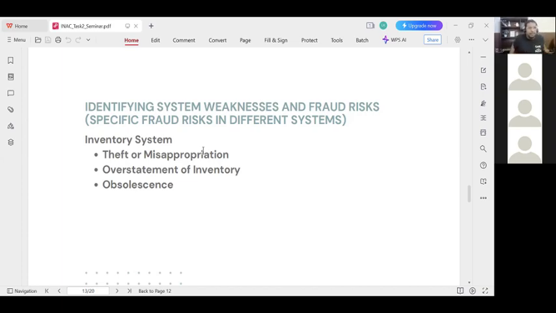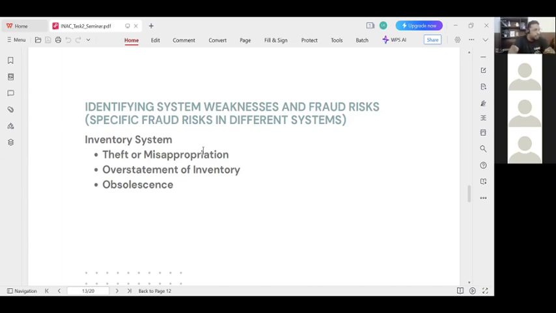In this case, the standard clearly says that you have to run the impairment test. You have to see whether there is an impairment in your inventory. If the impairment has happened, you have to reduce the value of your inventory, and you have to put your inventory on the new value. Okay, so yeah, if inventory is obsolete, that can be another case.